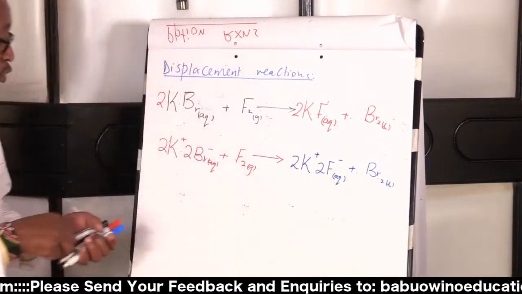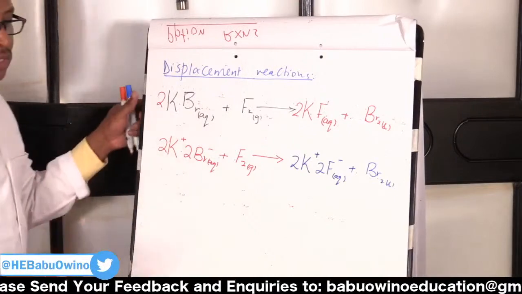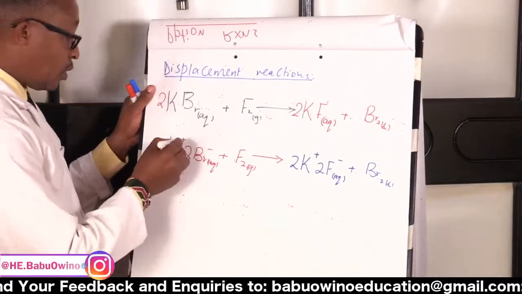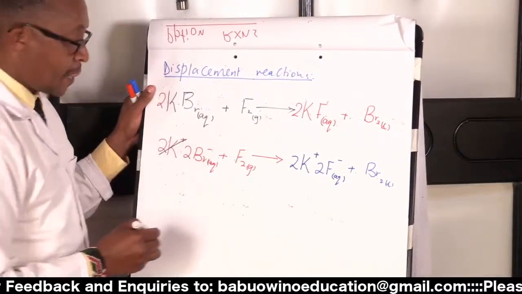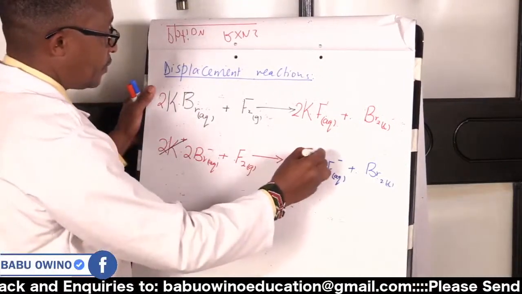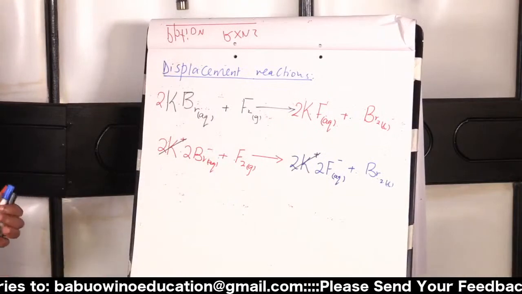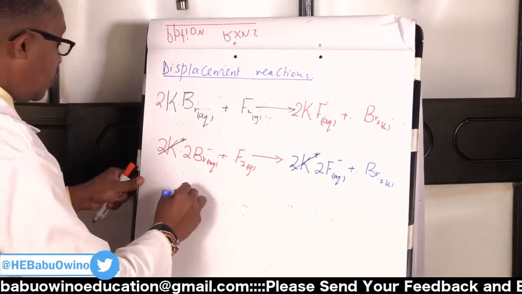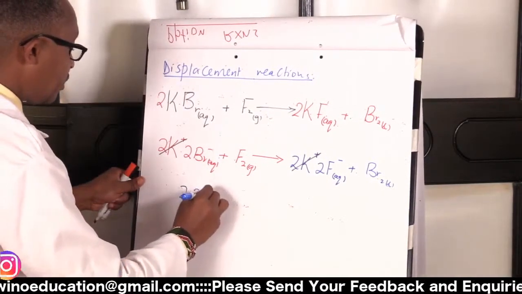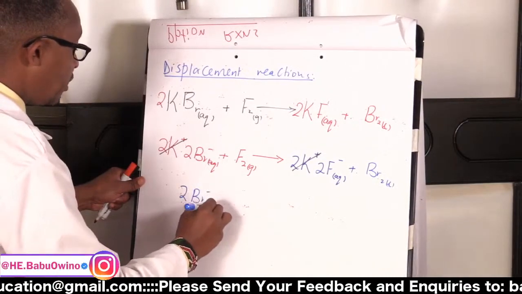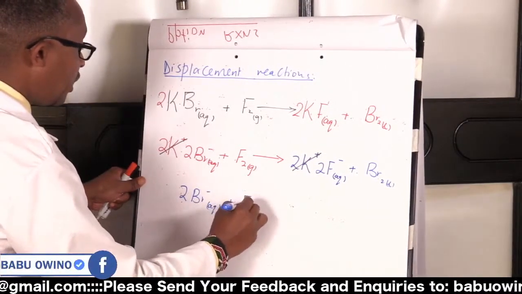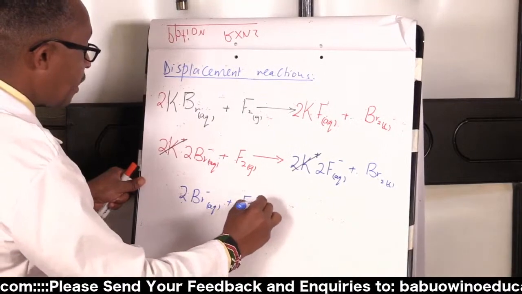So the next move is to cancel out, strike out what is not. That is potassium. So what is left? You get the bromide ions, aqueous, plus fluorine gas.